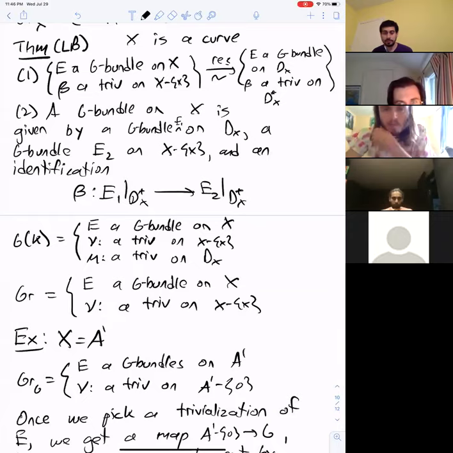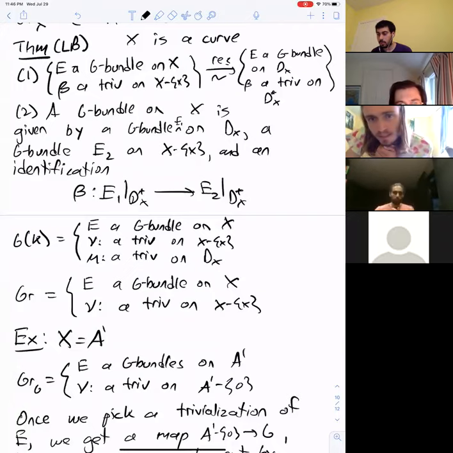I feel like I'm misunderstanding something, because say X is P1. So there are lots of different G bundles on P1, say if G is SL2. Any rank 2 free vector bundle is a different G bundle on P1, right?